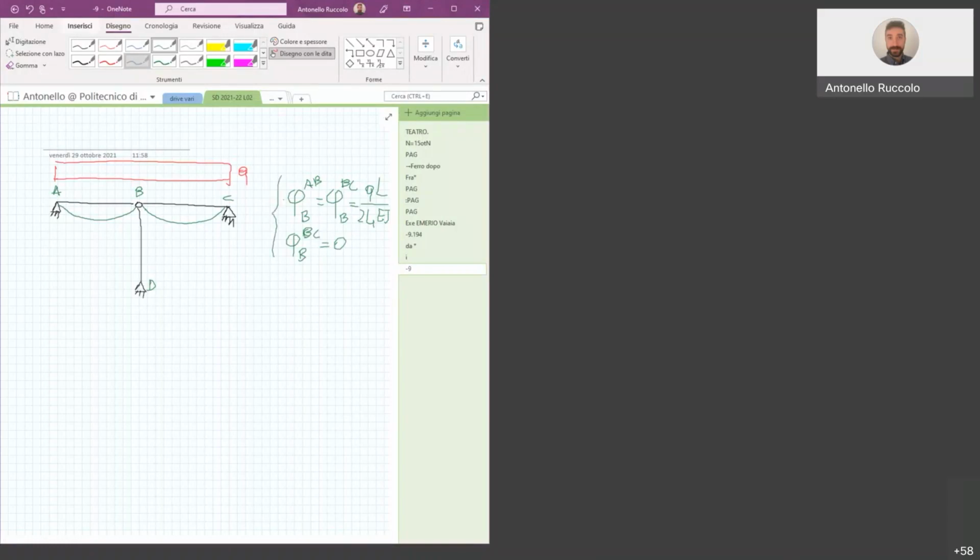Then, again, superposition principle, we consider a different load, which is no more the external load, but it is x1. So x1 is applied only on these two beams, and so this is the deformation associated. Do we agree?